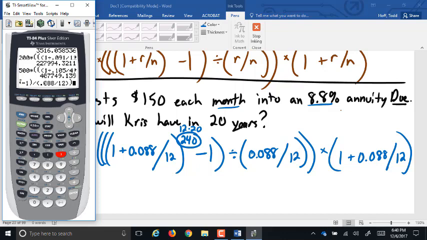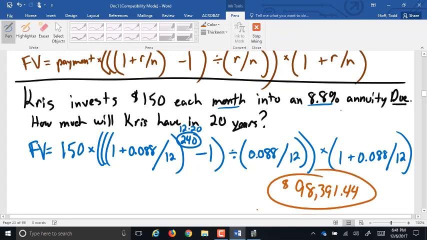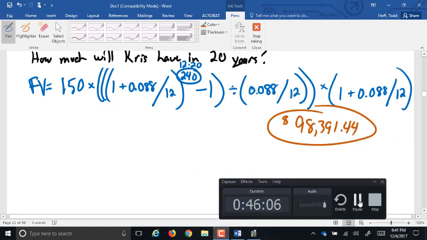Close and close. Times open. 1 plus 0.088 divided by 12. Close parentheses. Does everybody get 98,391.44? We'll wait for you. Be good with that.